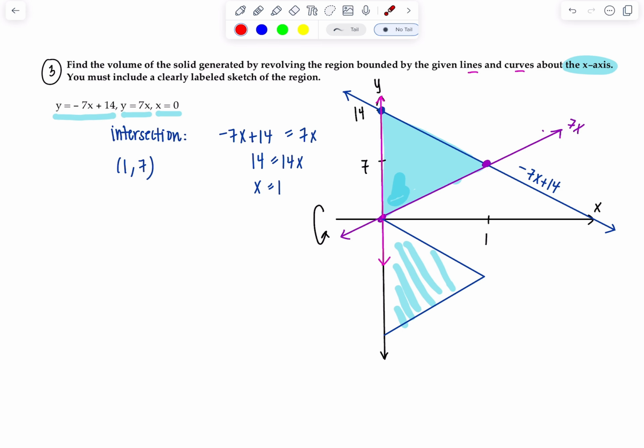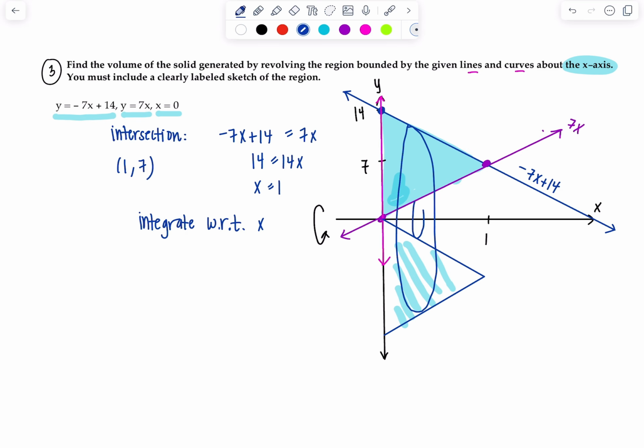Notice my slices are moving in the x direction, so I'm going to integrate with respect to x. Let's draw a washer. Did you notice we have a washer? Because there's definitely going to be a hole in the middle. Okay. Here, I'll color it in green.